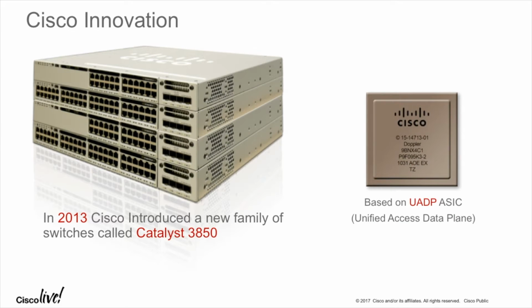This has programmable pipelines. This has programmable stages of the programmable pipeline that can be programmed in different ways, very different than what we used to have traditionally. So in 3750X, for example, in the 1960s, which used to use Strider, Sasquatch ASICs, those were fixed ASICs. UADP ASIC is more flexible, more programmable.